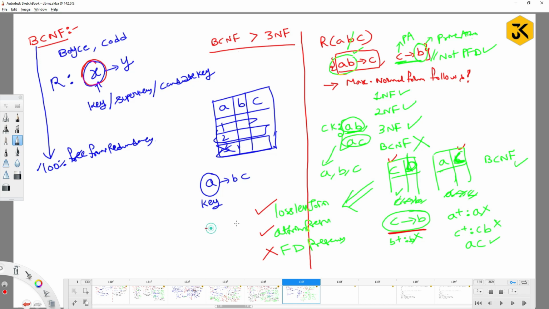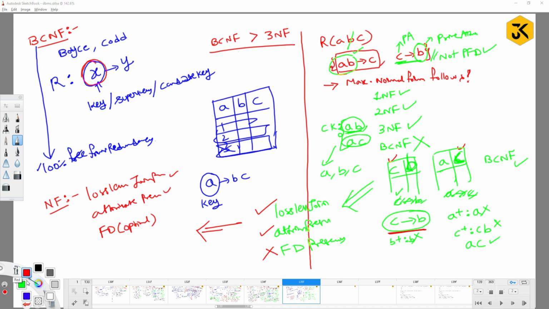So with this example, I can conclude that whatever normal form we take, it is always going to satisfy the lossless join property, right? And attribute preserving also always has to be satisfied. That is what I have been saying from the start, right? These two have to be compulsorily satisfied, and FD preservation is the optional one.